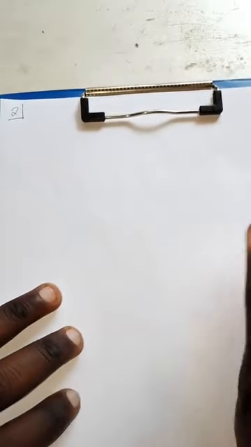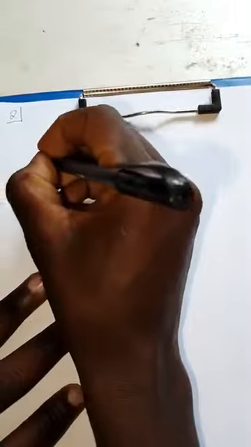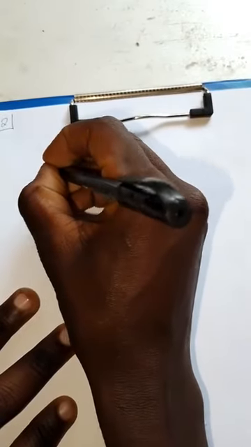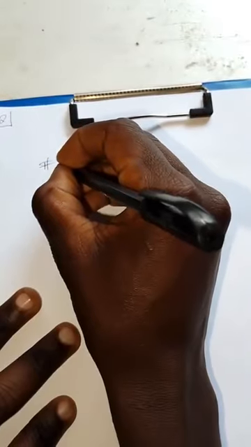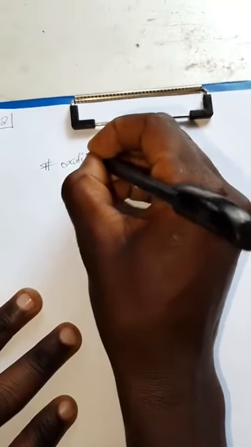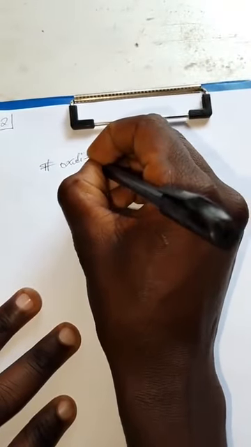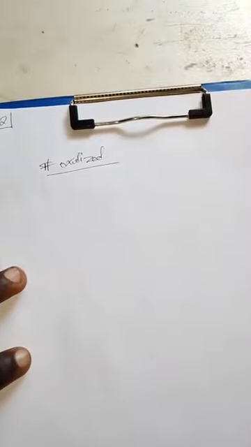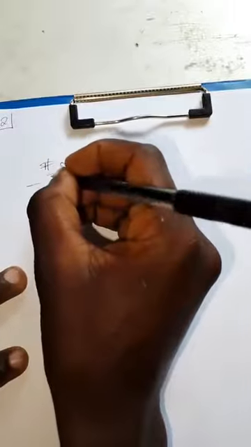When they say oxidized, what do they mean? Let's say sodium is an oxidizing agent. Whatever is oxidized, something else is reduced. So when they say oxidized, they mean there is a loss of electrons.